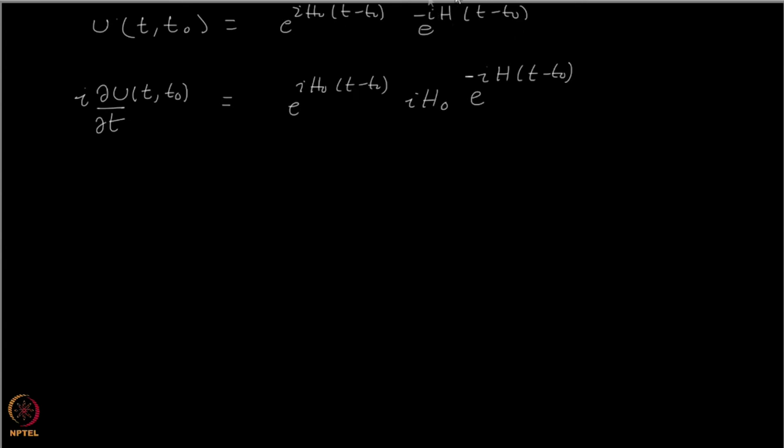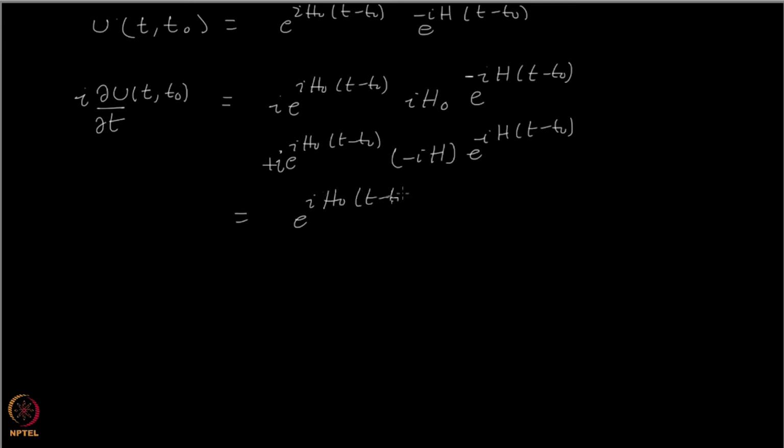And then when I take the derivative of the second term, it pulls out a minus iH, times e to the minus iH (t minus t naught), and I have been forgetting to multiply the factor of i. So i squared is minus 1, and this one will have plus 1, because minus i times plus i gives you plus 1. So I can write the above expression as follows.